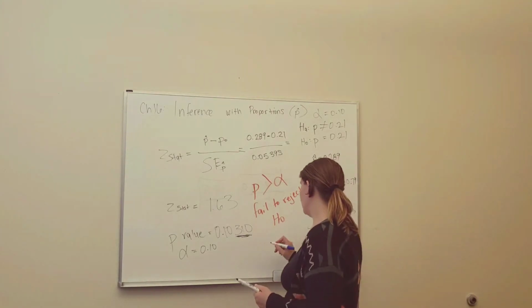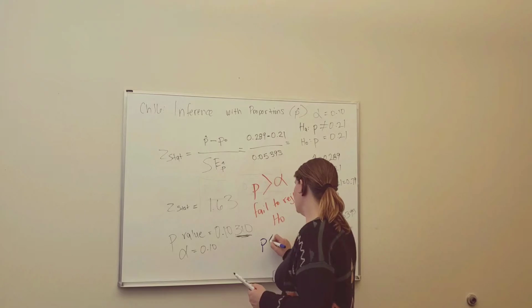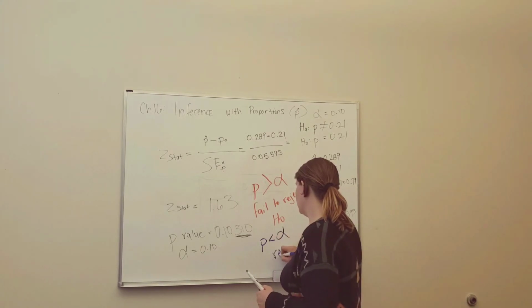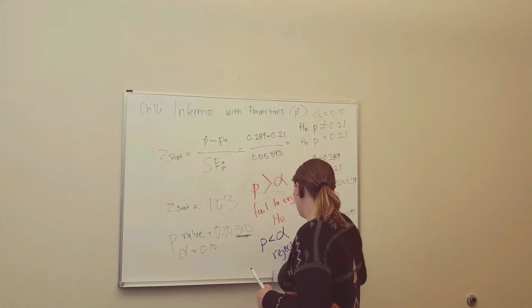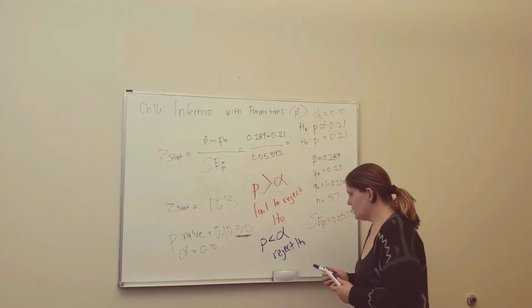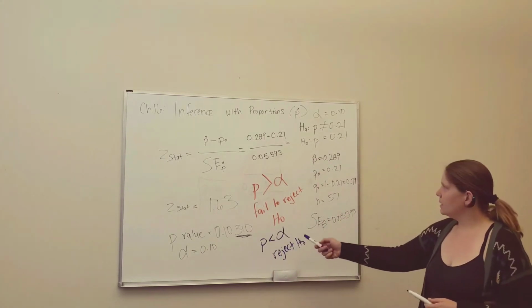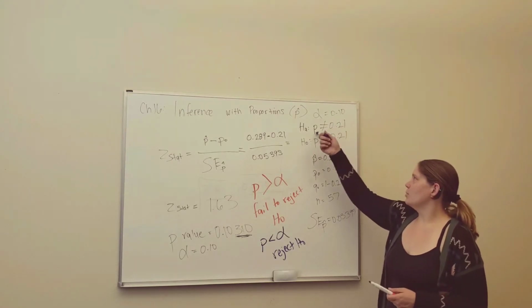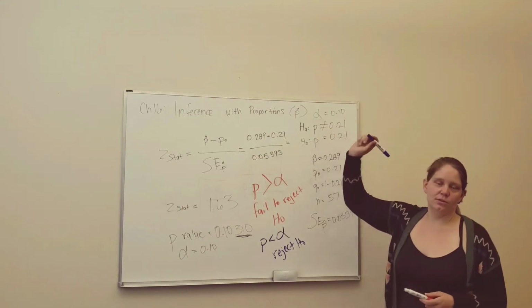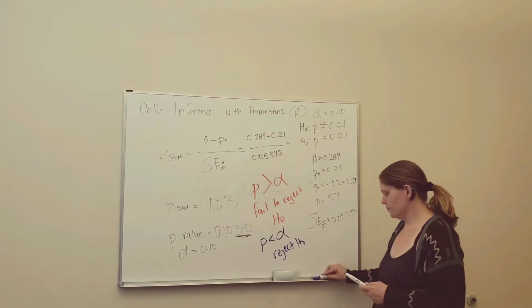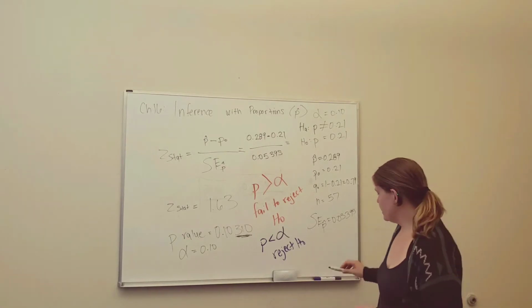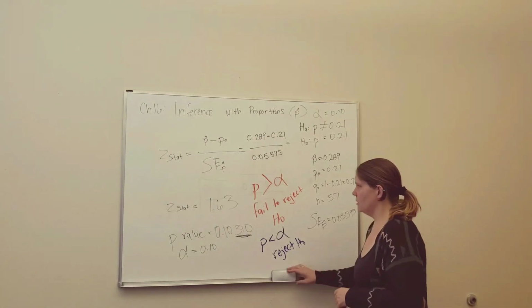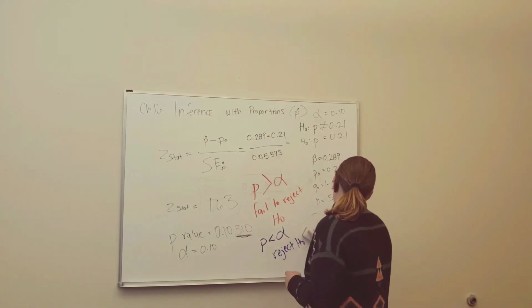If our p-value was less than alpha, we would reject the null hypothesis, which means that our data suggests there is a significant difference between p and 0.21. So that was just a quick rundown from last week's discussion.